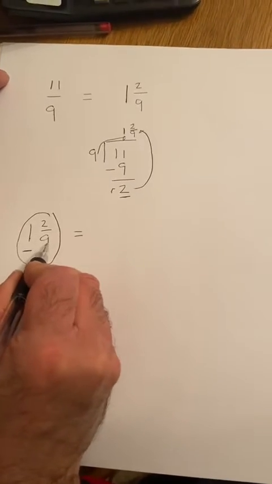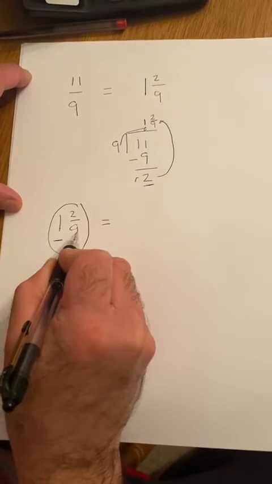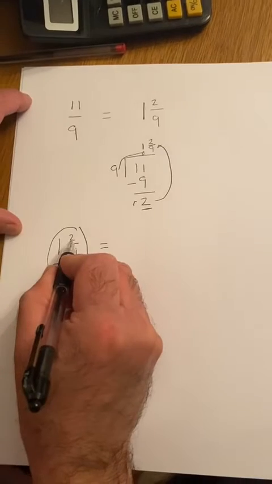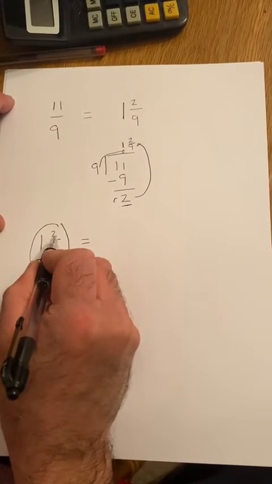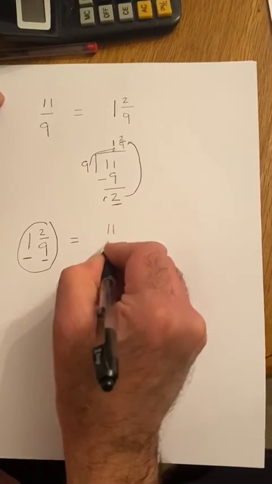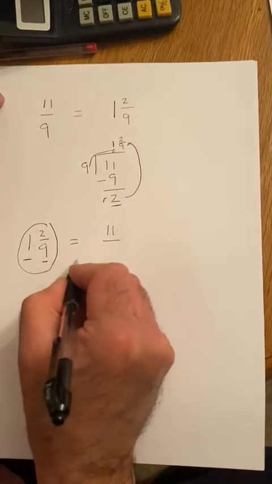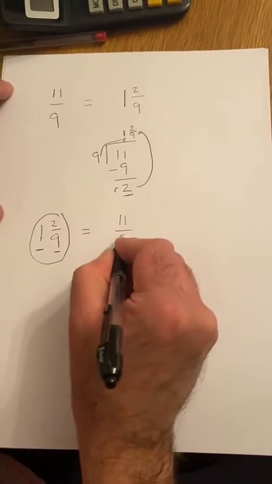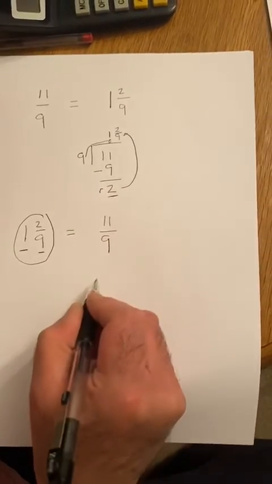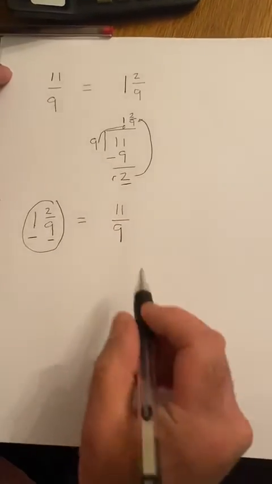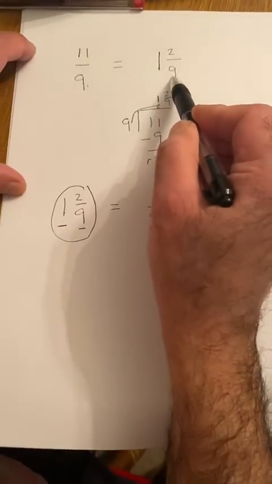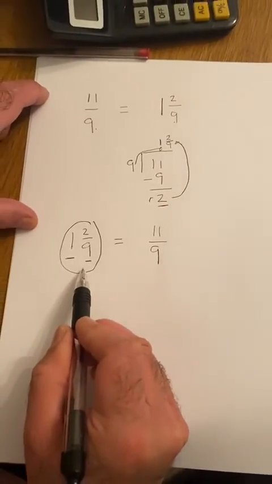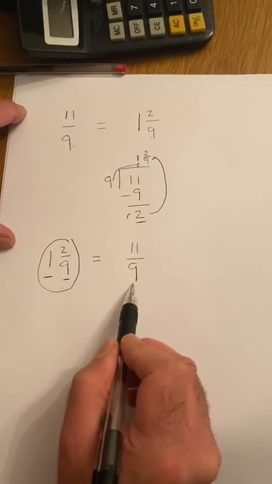So 1 times 9, giving 9, adding the numerator, so 9 plus 2 giving 11, and putting the whole thing over the denominator 9. So this is a way of going from an improper fraction to a mixed number, and from a mixed number to an improper fraction.